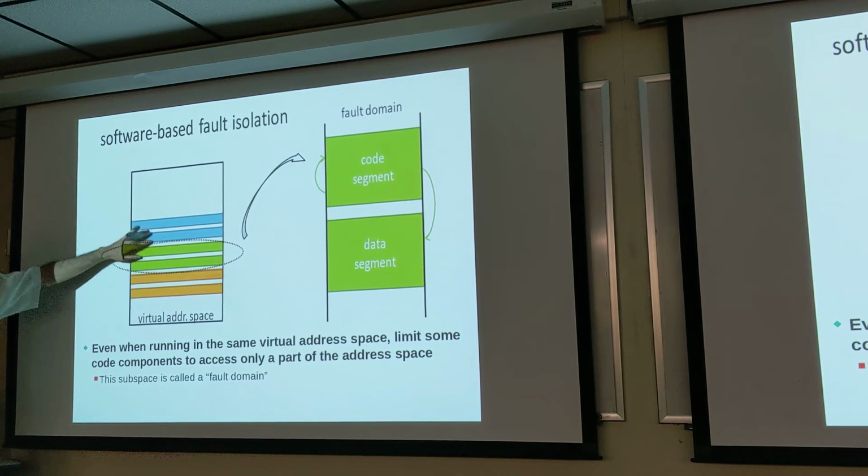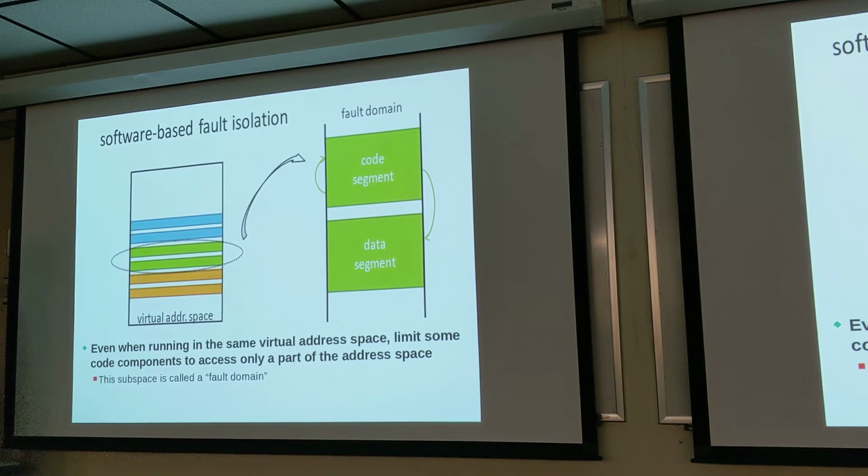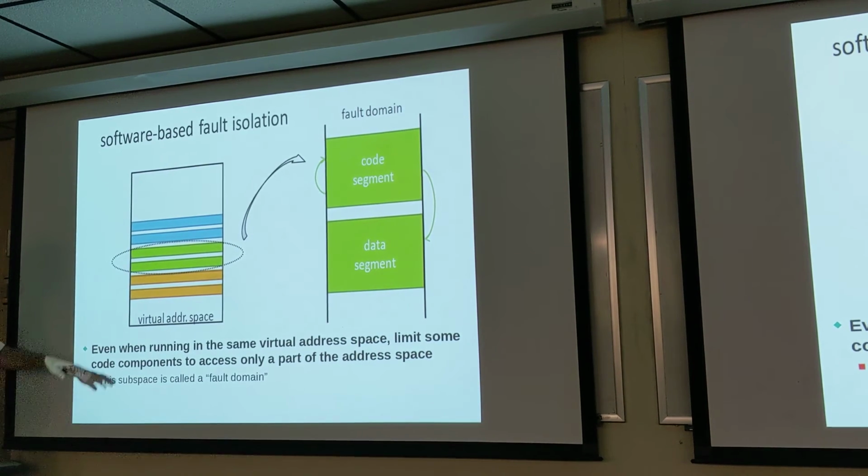The rest of the process address space you can think of as maybe trusted, and this is untrusted, and untrusted accesses need to be limited. So how can we do this?